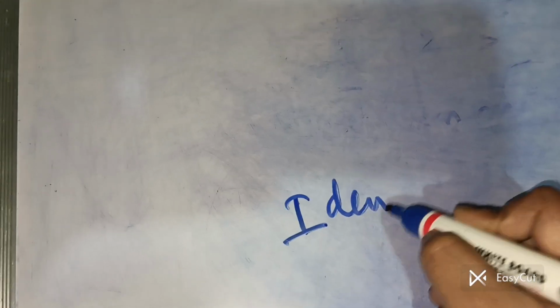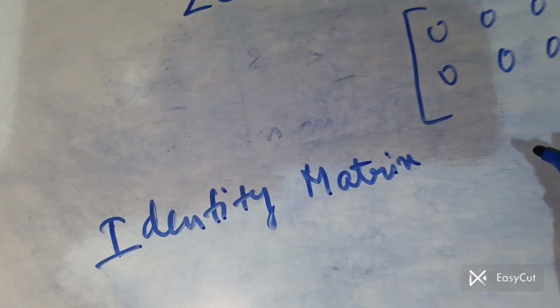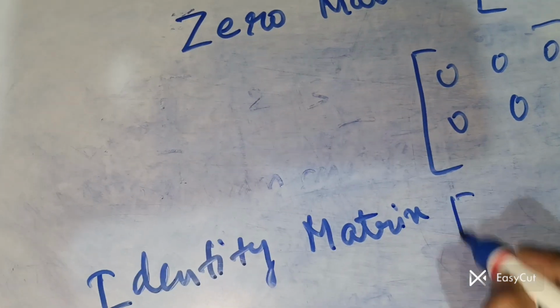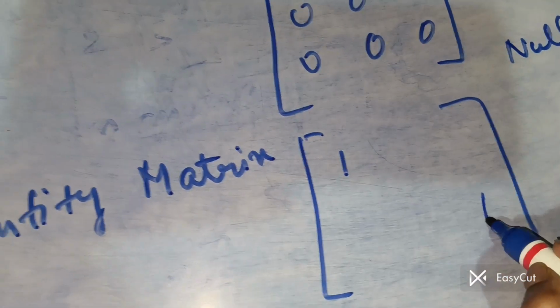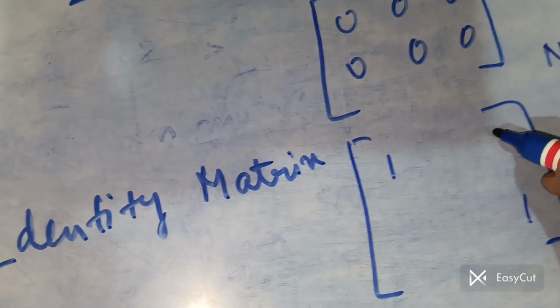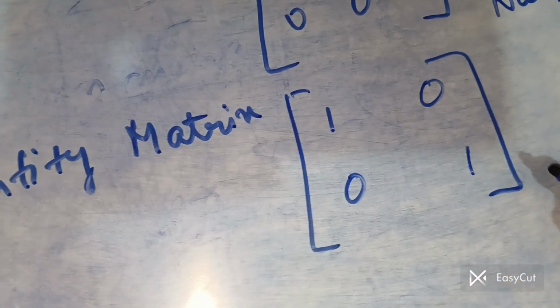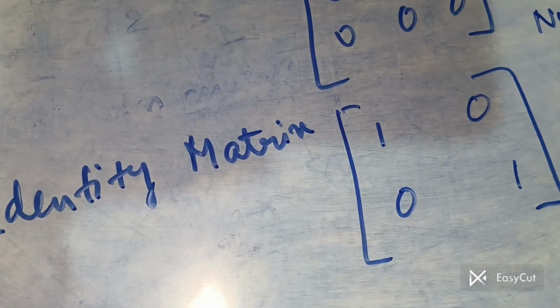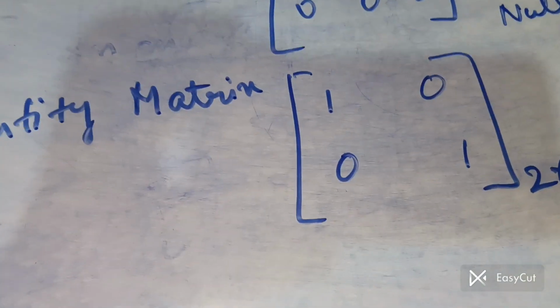Then comes the identity matrix. What is that? Identity matrix means the diagonal elements will be 1 or unit and the rest will be 0. This is a 2 by 2 square matrix.